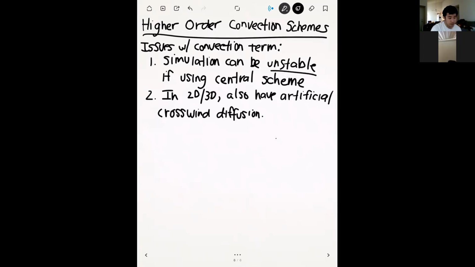If you recall, the reason we had this phenomenon is that in 2D and 3D, our velocity does not exactly align with our grid.